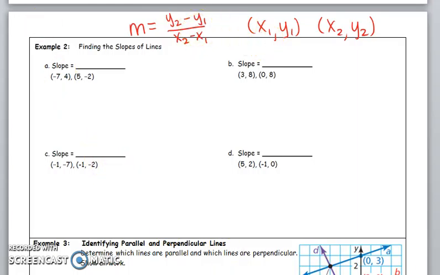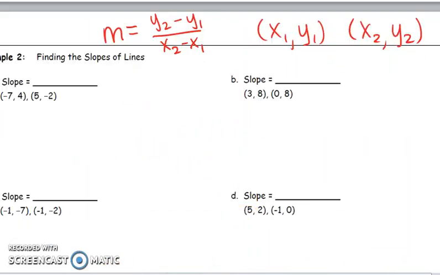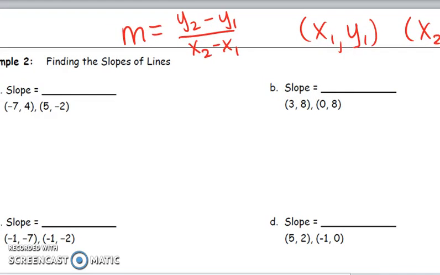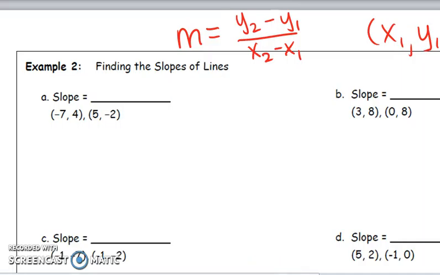So if I zoom in here to part A, just zooming in, I want to label my (x1, y1) and my (x2, y2). So I'm going to call this first point my (x1, y1), and I'm going to call my second point my (x2, y2).